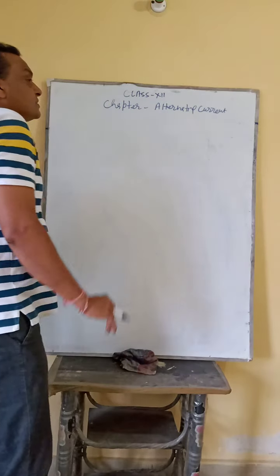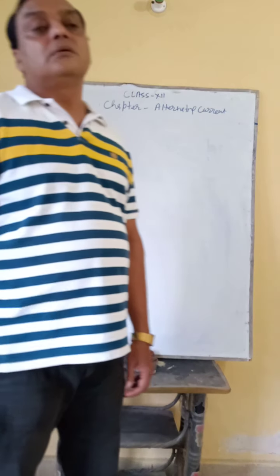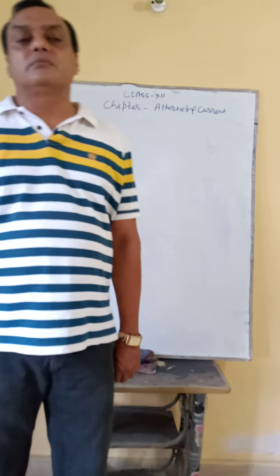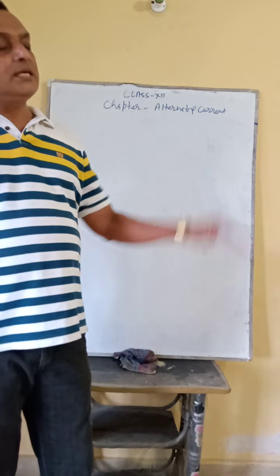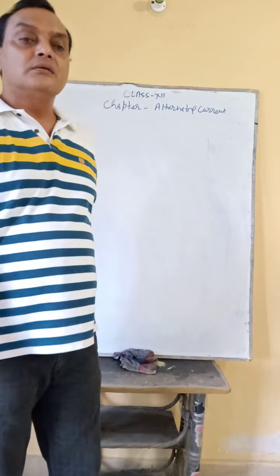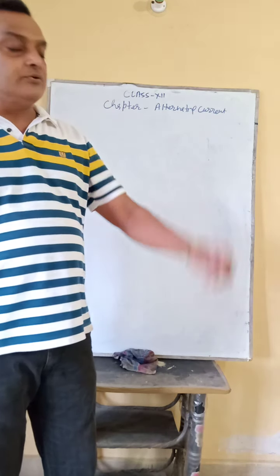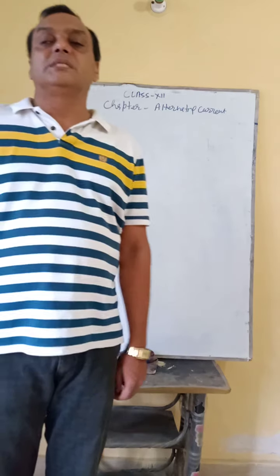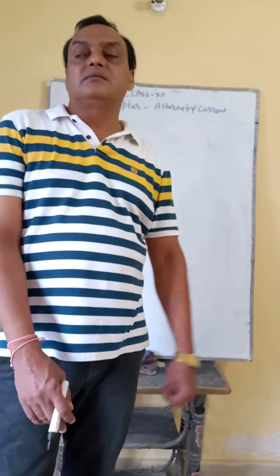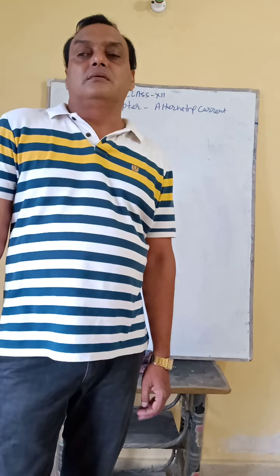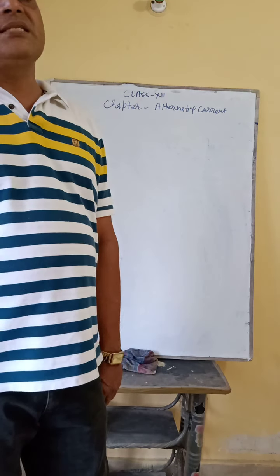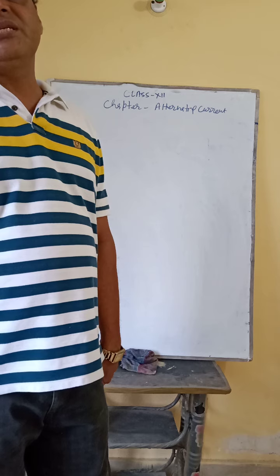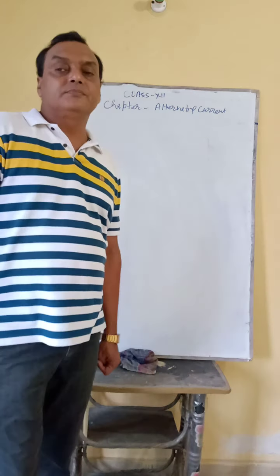So those students who have watched the previous video can understand this topic, because in the previous video I just gave the types of circuit, phase diagram in inductive circuit, capacitive circuit, resistive circuit.